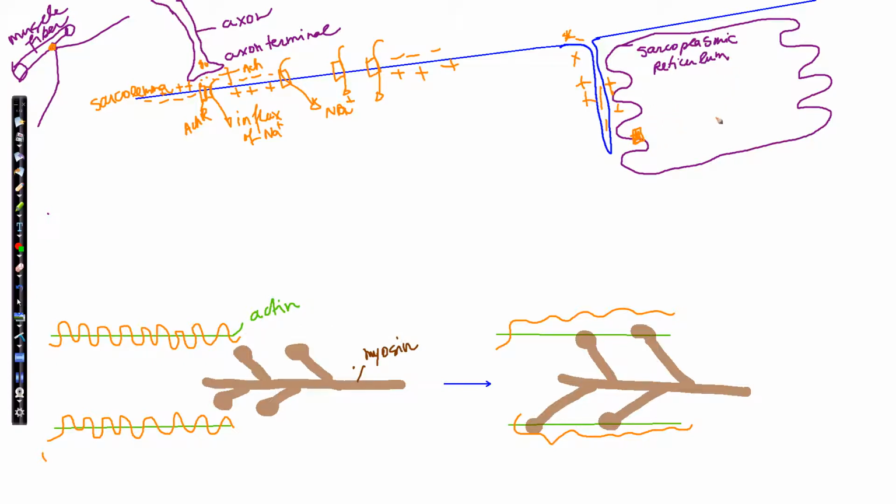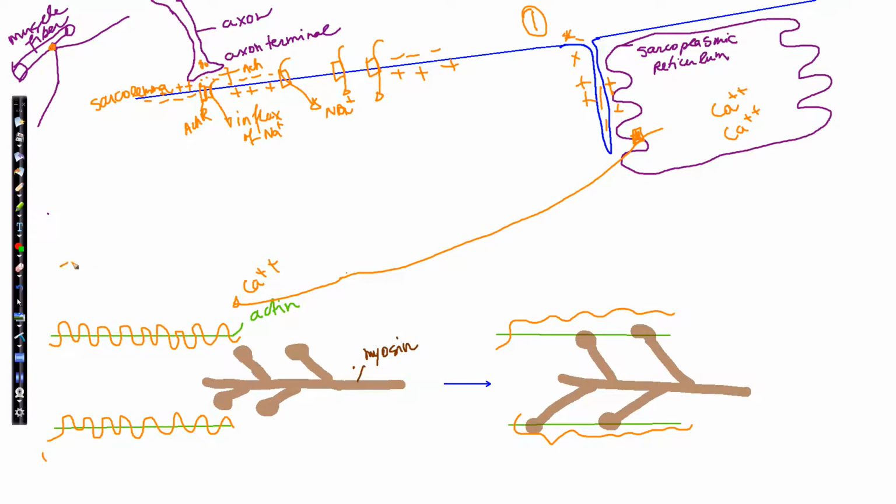The sarcoplasmic reticulum is a cisterna that is full of calcium. And then as these voltage-gated calcium channels open, calcium goes out. Okay? So what I told you so far is step 1. So step 1 is depolarization and calcium release.